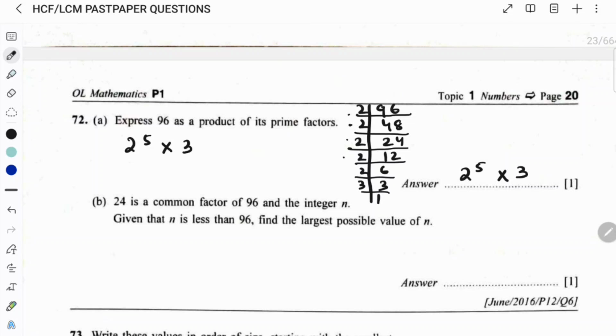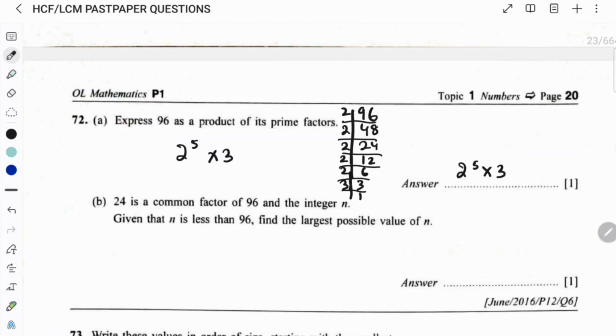So now in part B, 24 is a common factor of 96 and the integer n. So 24 is the number which is a common factor. Here n is less than 96, and we are going to find the largest possible value of n. It should be less than 96, and 24 must divide both 96 and n.